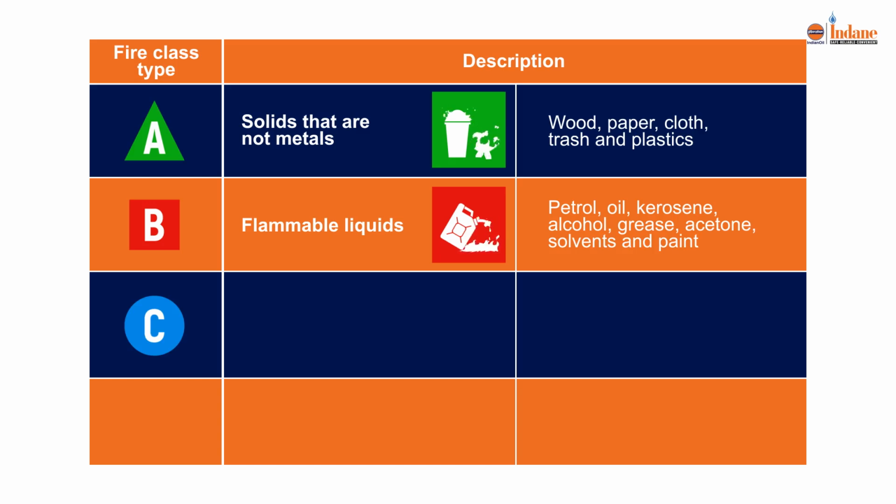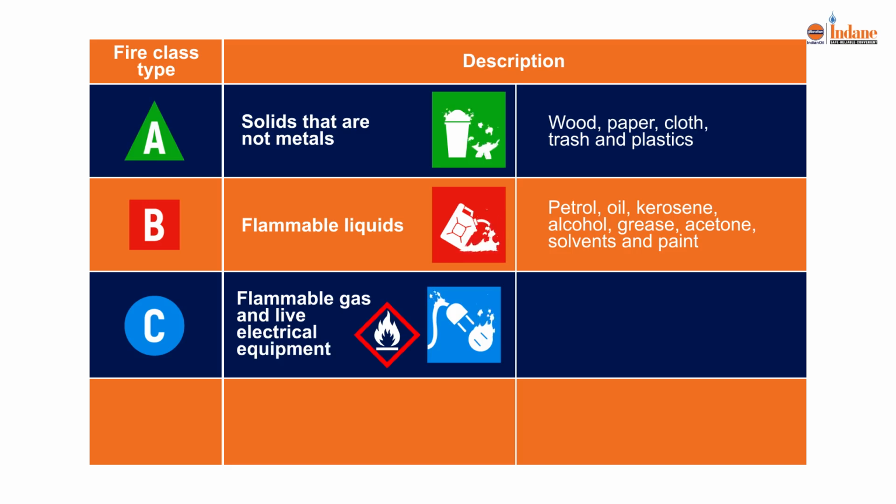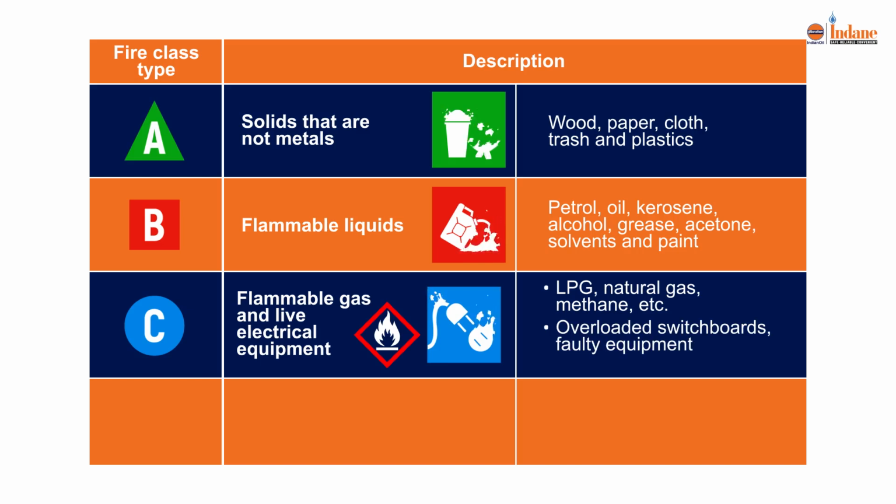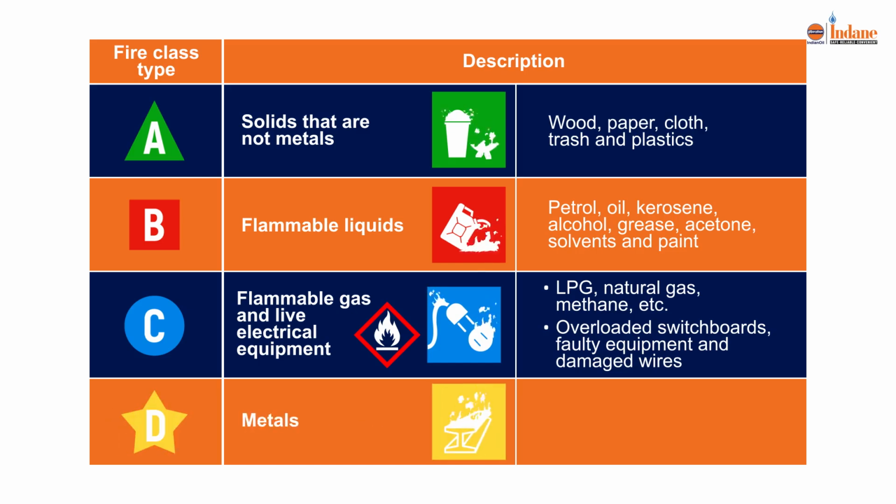Class C includes flammable gas such as LPG, natural gas, methane, etc. and electrical equipment such as overloaded switchboards, faulty equipment, and damaged wires. Class D includes metals such as potassium, sodium, aluminium, and magnesium.